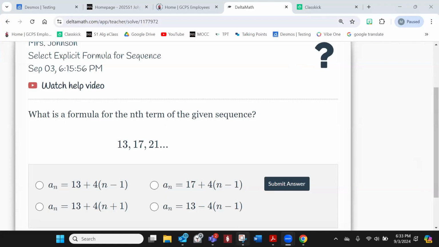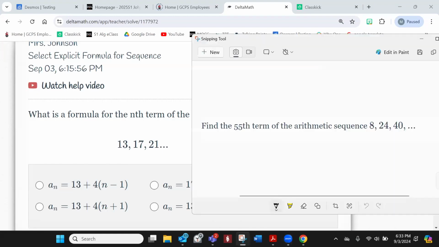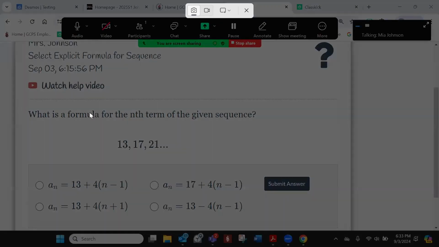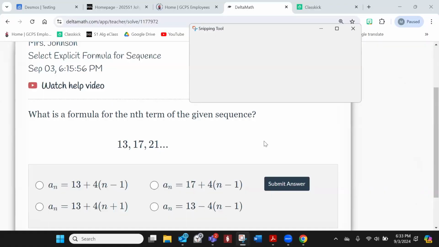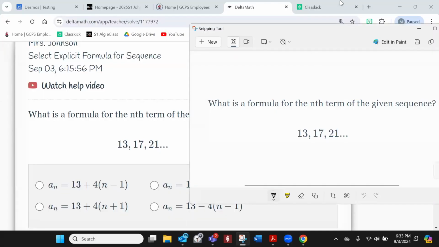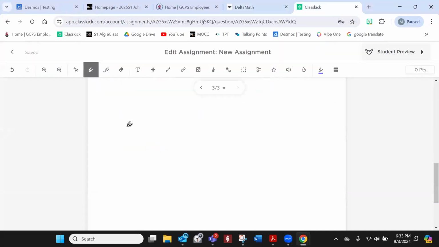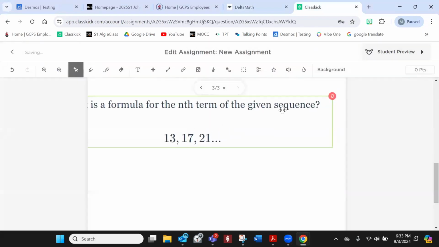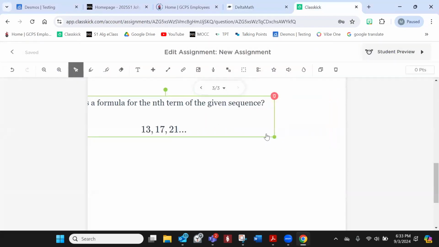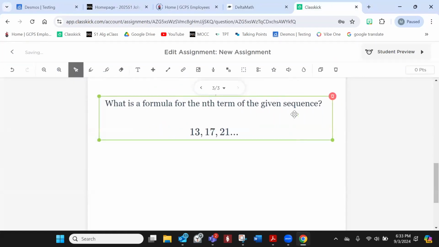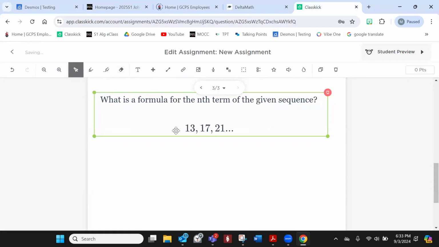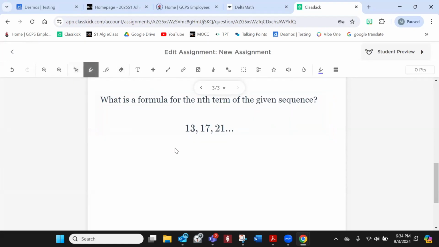All right, anytime you're given a question like this, we need to first know the formula. Okay, I wasn't going to teach all this, but I guess I'm gonna go ahead and teach it. So what is the formula for the nth term?